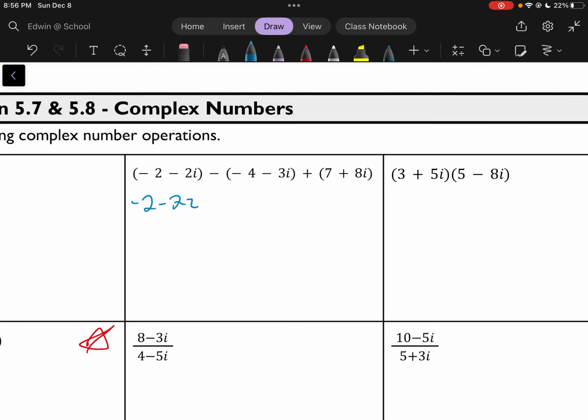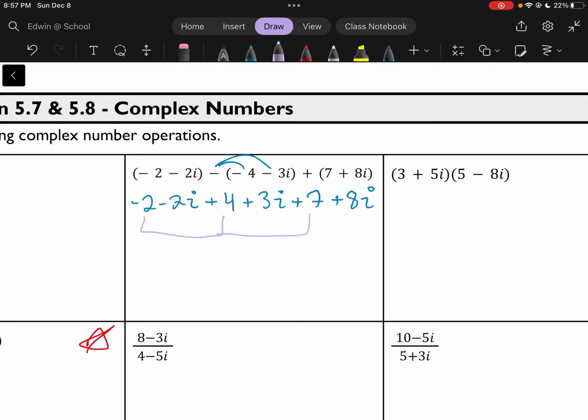So negative 2 minus 2i, then minus, that minus on the outside means that it's going to distribute to everything on the inside. So that we got a plus 4 plus 3i, negative times a negative. And then that plus right here means it's just everything plus. And from here, it's pretty simple. We just combine all the like terms.